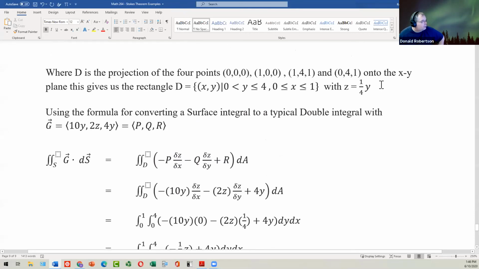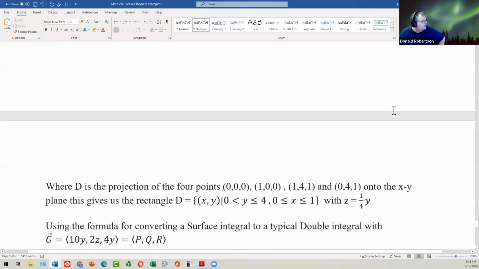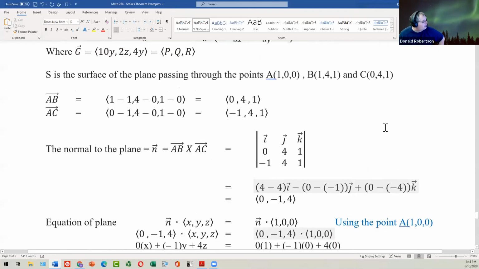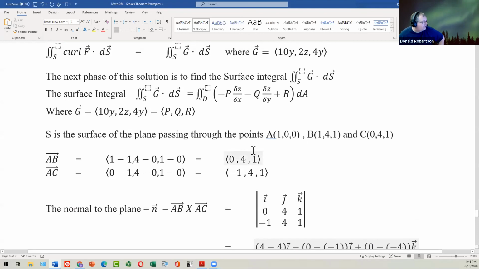Well, you plug in all the values. If you're thinking about who is z, I had to do a whole load of work, which I zoomed by. We need to know what z is, the formula for the surface that we've got, because that is the z that gets used in replacing any z's that are left over in the double integral, and it's also the z that you need to find dz by dx.